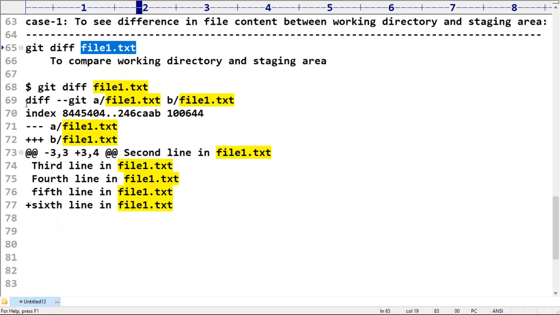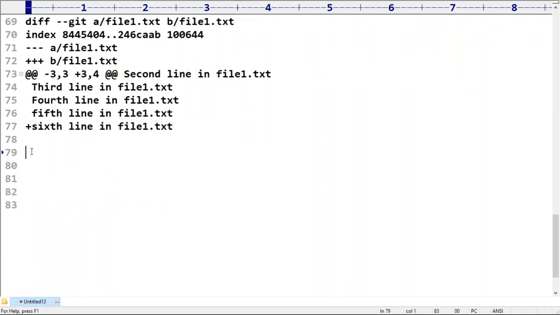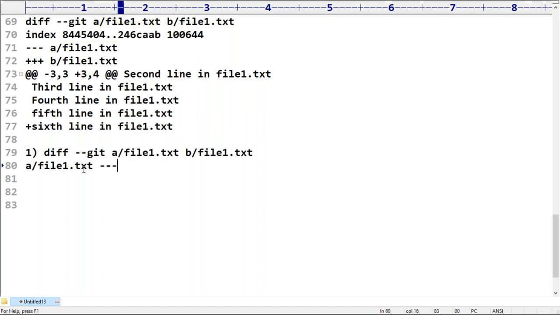Okay, sir, first line in the output. Now let me talk about the first line in the output, sir. This is the output we are getting. This is the format of git diff. Sir, a/file1.txt. Don't think a is a directory, no. Just a/file1.txt means source copy.